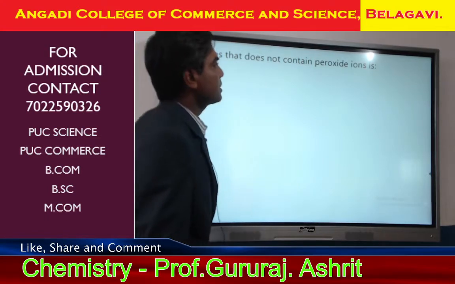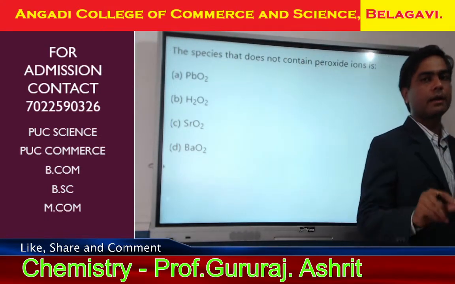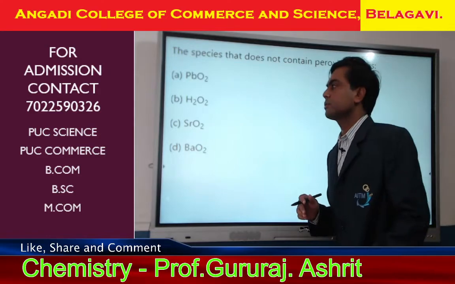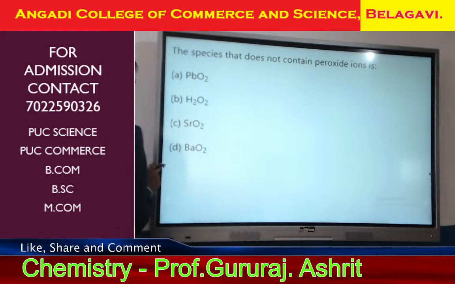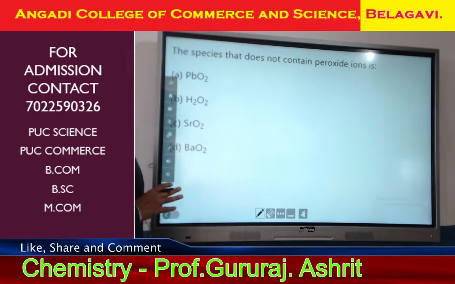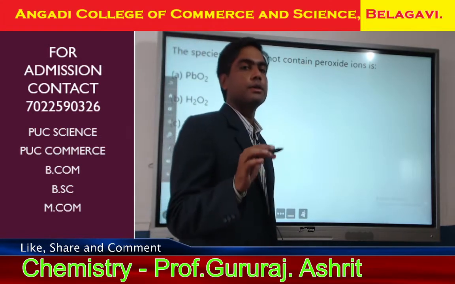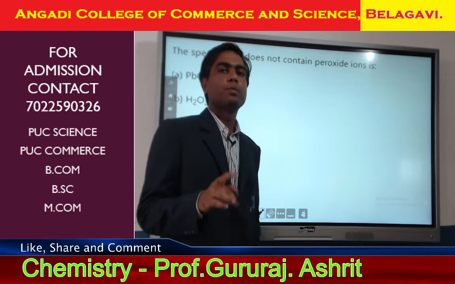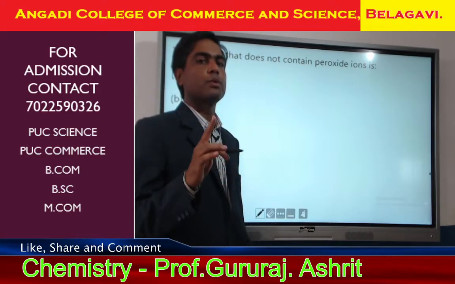The species that does not contain peroxide ions. You know that for oxide, the oxygen oxidation state should be -2. Peroxide means it should be -1. Superoxide means it should be -1/2.